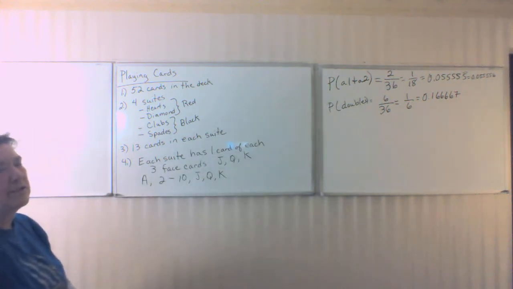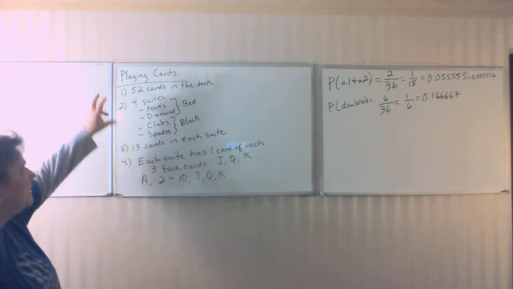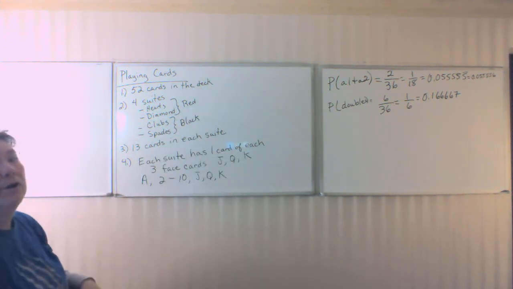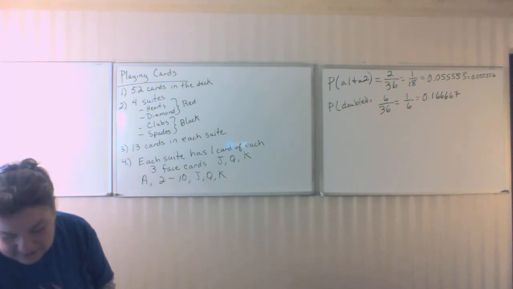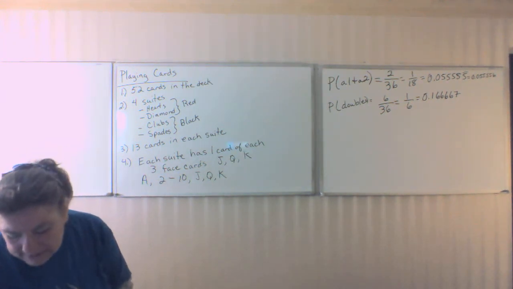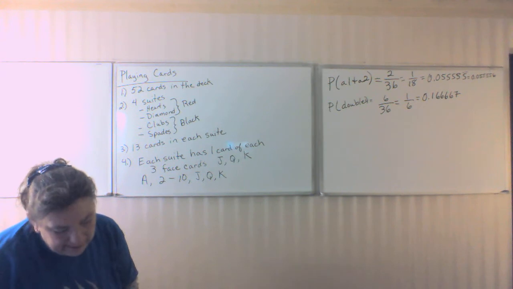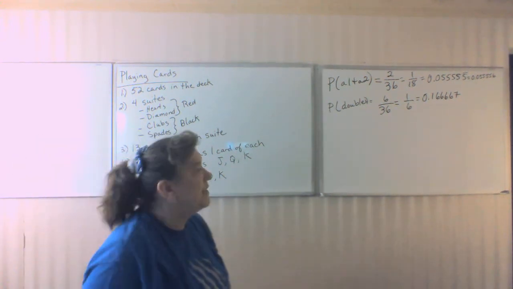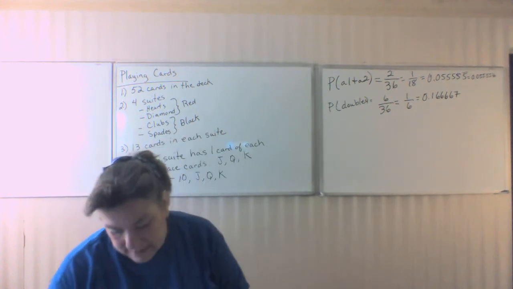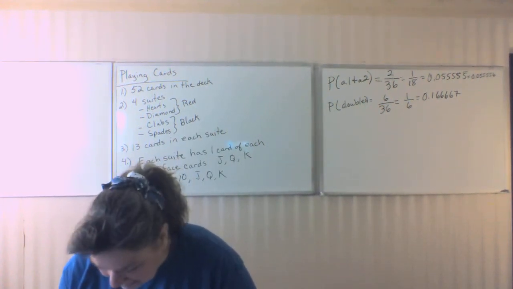Those are the cards that are basically in a deck of cards. And you will need this knowledge to work with card decks, okay? So that's how we calculate basic probability. And that's the information you will need to know about card decks to be able to work basic probability questions.